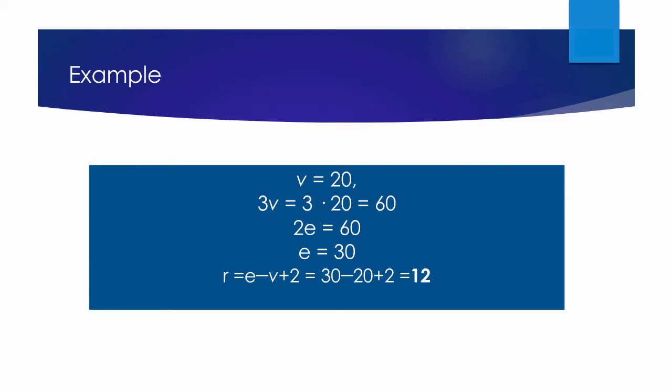Because the sum of the degrees of the vertices, 3V, equals 3 multiplied by 20, which is 60, and this is equal to twice the number of edges, we have 2E equals 60. Then E, the number of edges, equals 30. By the formula, the number of regions equals 12.